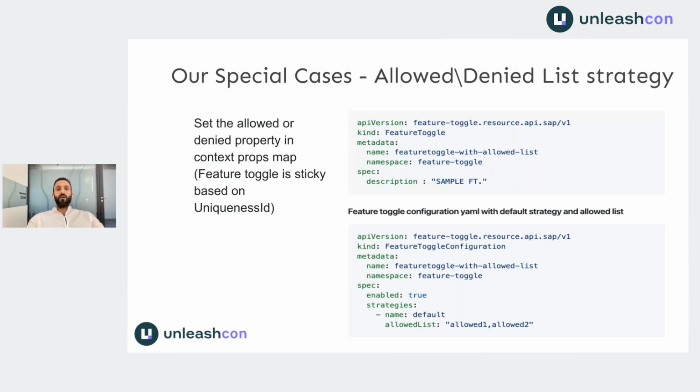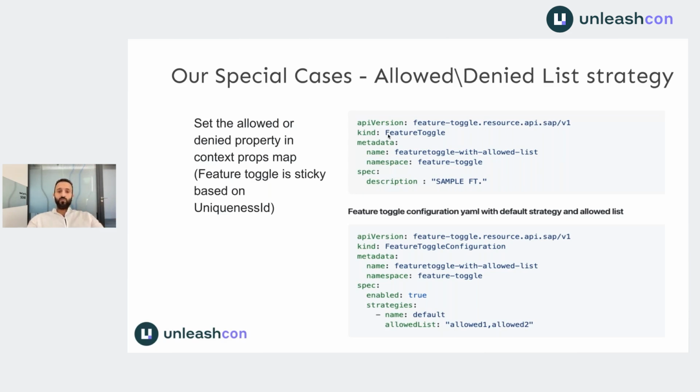So let's say I want to allow on the fly any request from a specific domain like sap.com. I will allow this domain to see the feature. If it's one of the denied domains, I need to hide this feature.